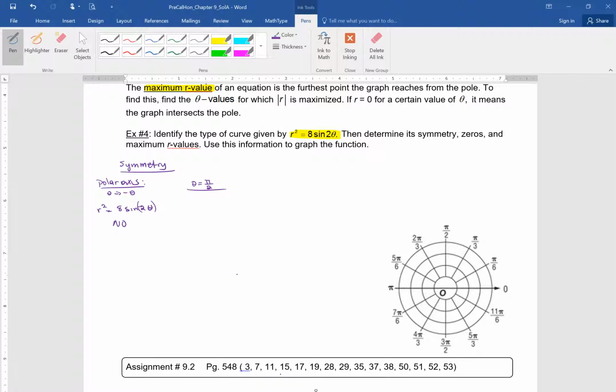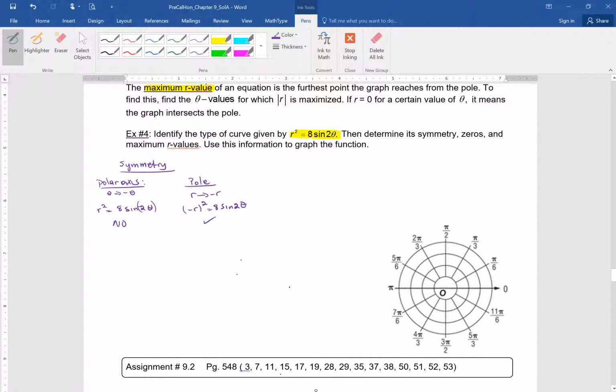Sorry, yes. So for the pole, r to negative r, we get negative r squared is equal to 8 sine 2 theta, so that works. Okay, so it's symmetrical around the pole.